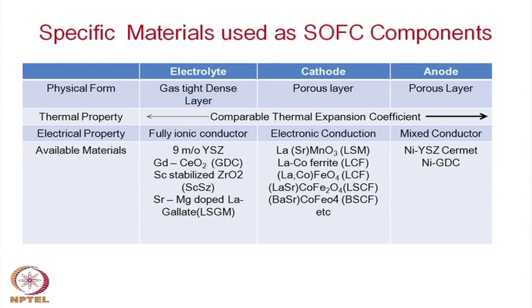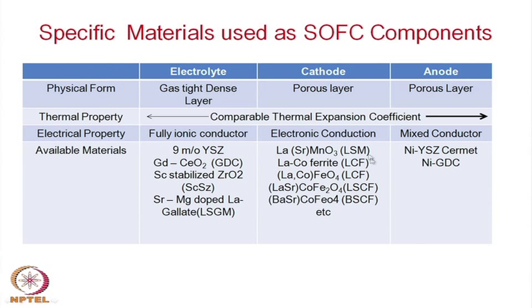So, the operation temperature can be lowered down to a large extent for lanthanum gallate, but for various reasons there is no compatible cathode or anode and their reactivity is a little high. So, for practical systems people are working on this kind of material, research is going on quite extensively, but no practical system or demonstration system has really come out so far as the power packs are concerned.